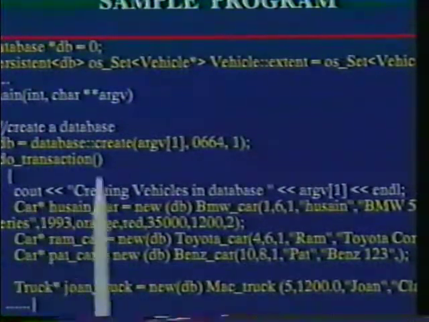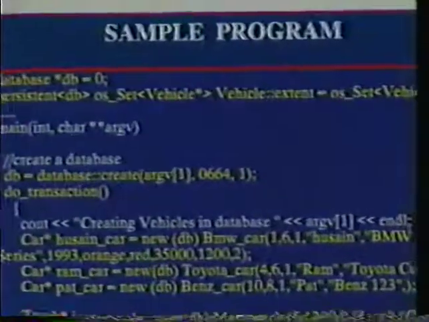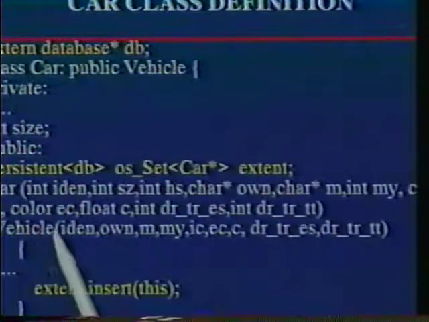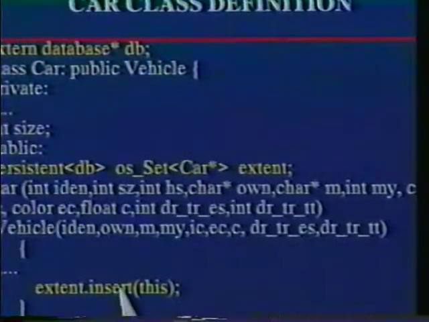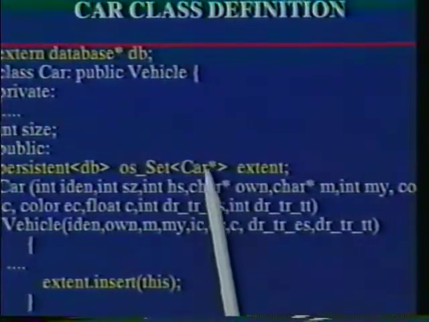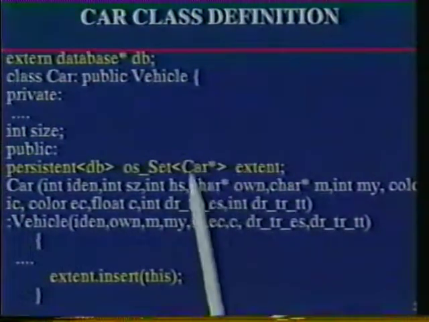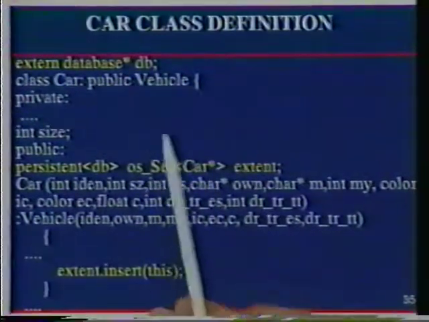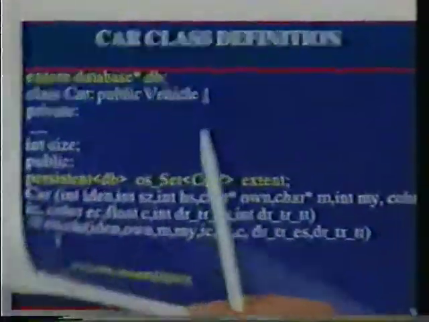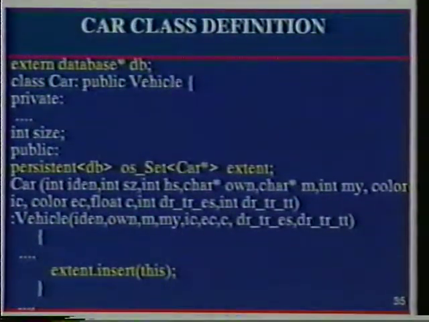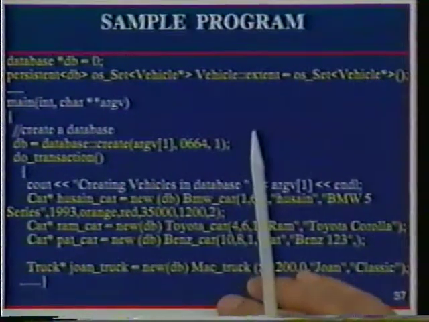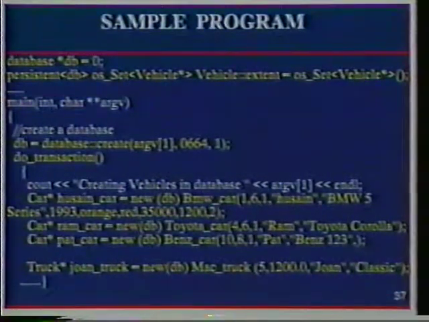When you do this, because you said that when you create this car, you insert it automatically into this extent variable, which is of the type OS set, and also because we have defined that in the vehicle, it also puts it into the vehicle extent. So the variables are put both in the vehicle extent and the car extent.